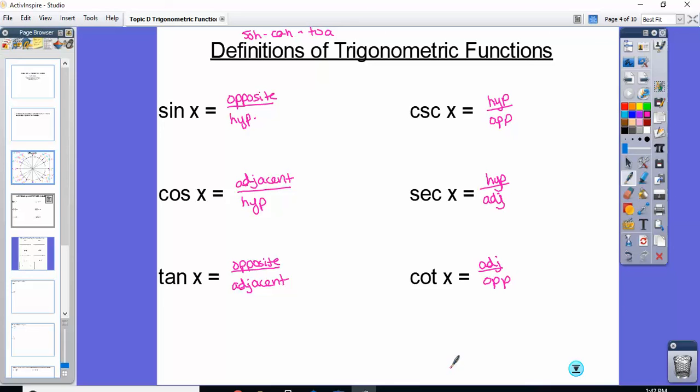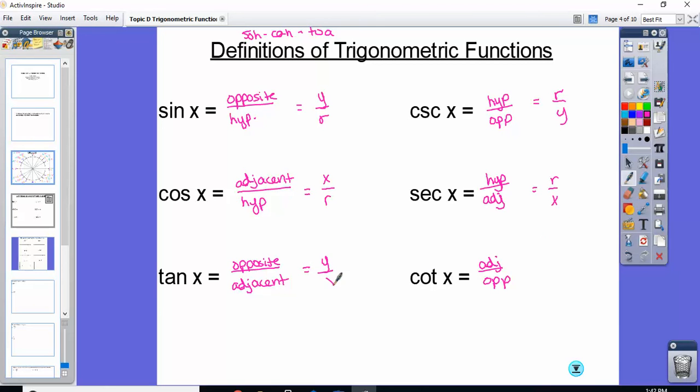Or we can use x, y, and r to define them. Sine is y over r, which means cosecant is r over y. Cosine, x over r, so secant is r over x.